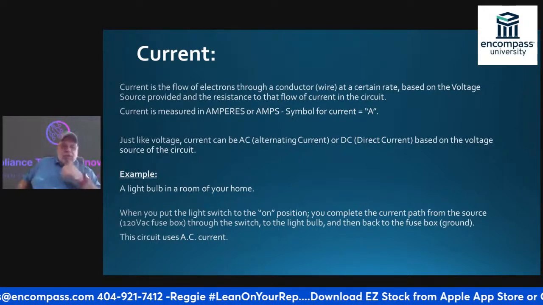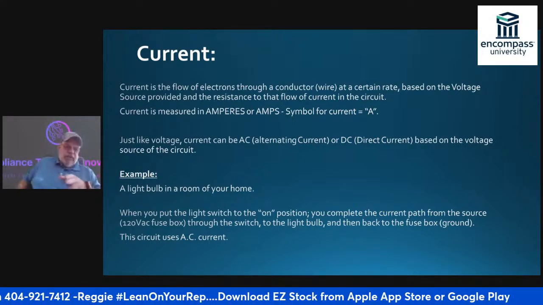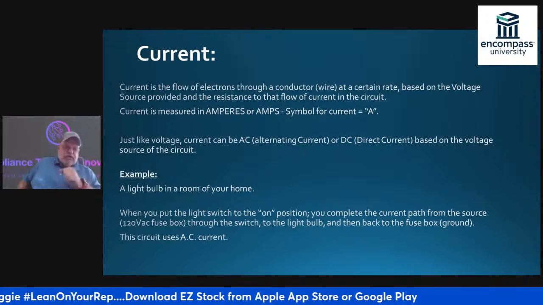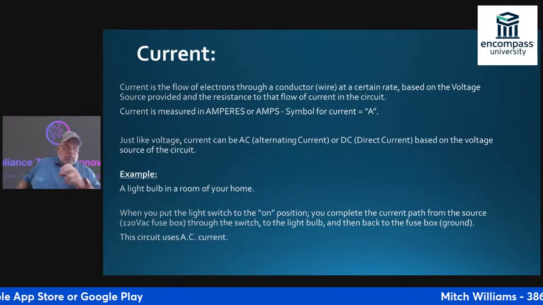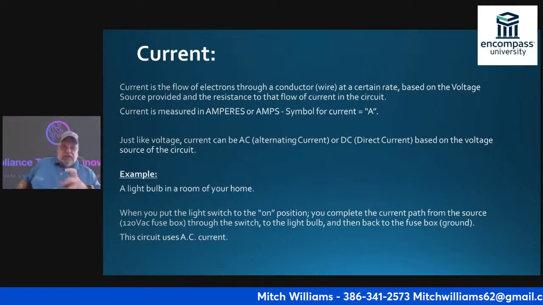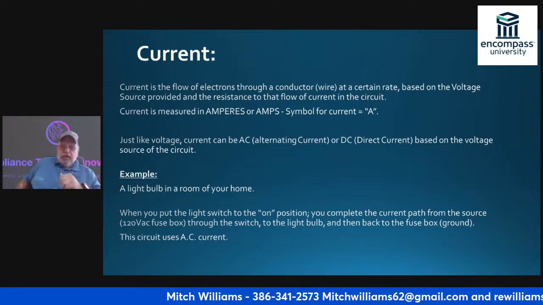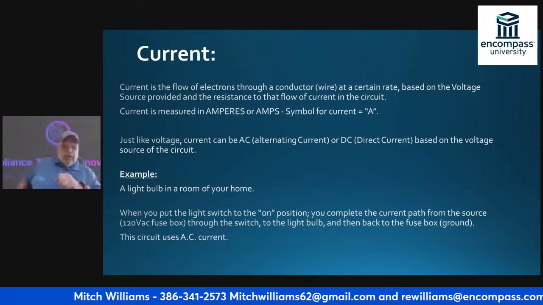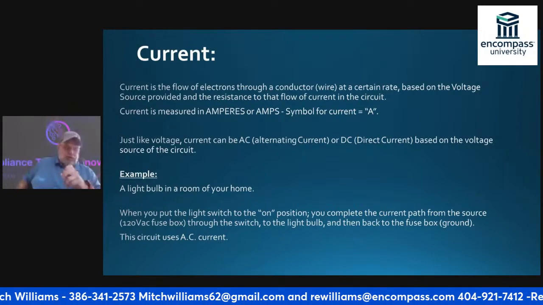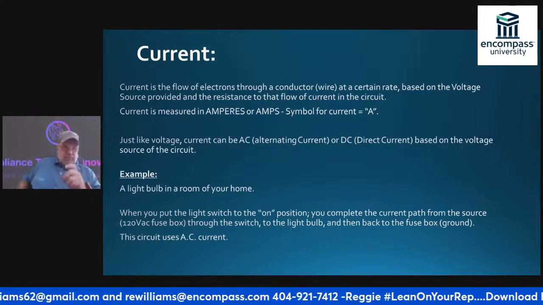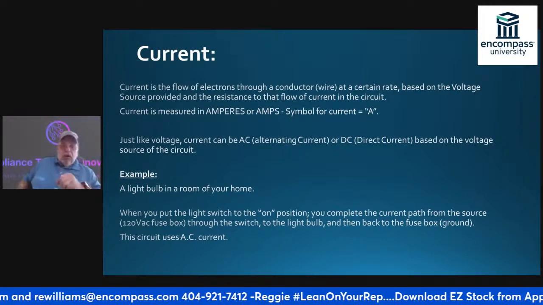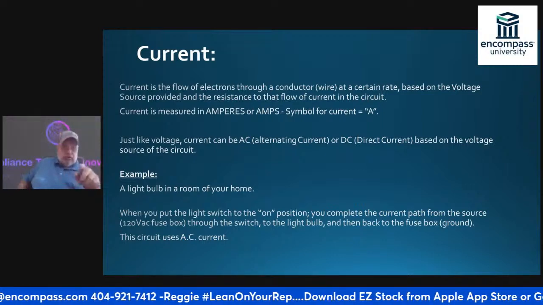A light bulb in the room is not a good example. A good practical example of what you're going to be measuring that would require amperage is an igniter. An igniter usually runs somewhere between 3 to 3.3 amps that it will pull. You have to check your wiring schematic.